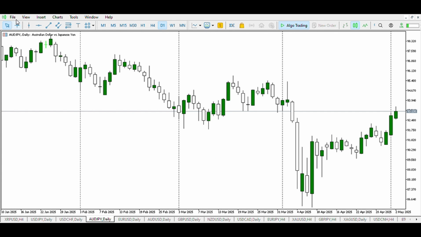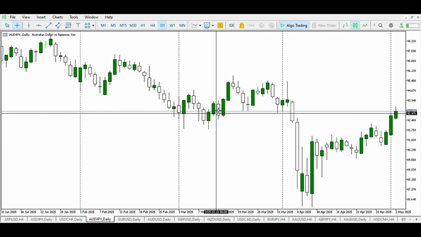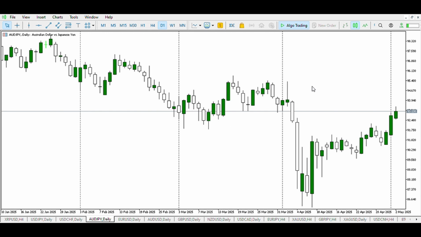So now, what happens at these zones? For an example, we are going to be marking out the support of the past 3 months, and let us see the reaction of price there. So for this particular month, this was the support, this is the low. Let us mark it out with a red line.